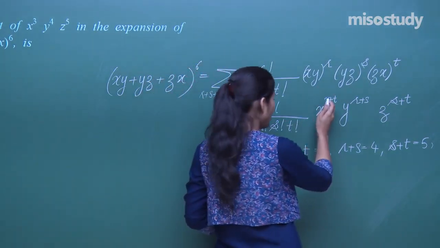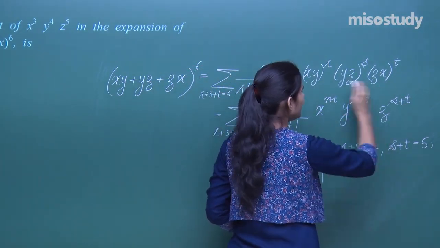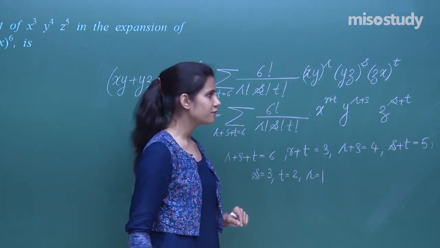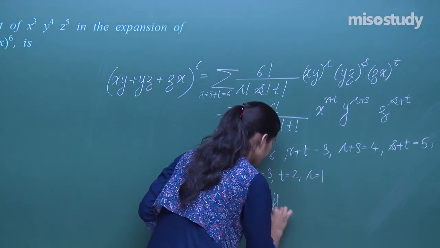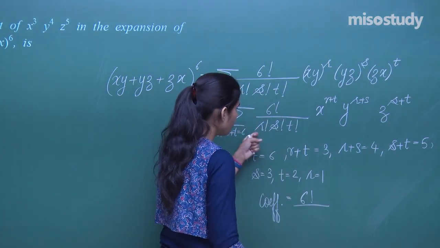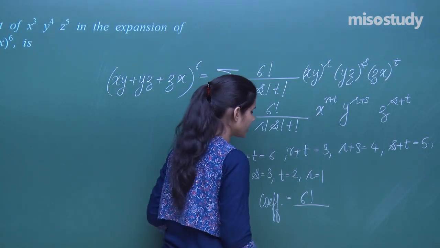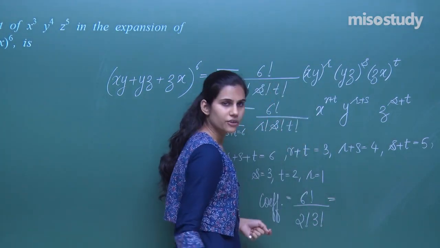And therefore, for r equals 1, t equals 2 and s equals 3, if I get here x to the power 3, y to the power 4, z to the power 5, its coefficient is going to come from here. The coefficient will be 6 factorial upon 1 factorial, 2 factorial, 3 factorial, right?